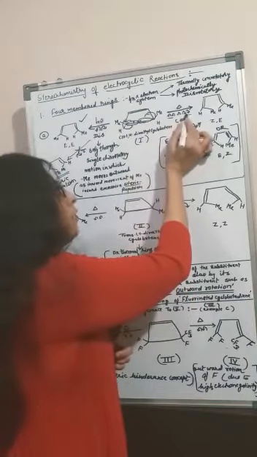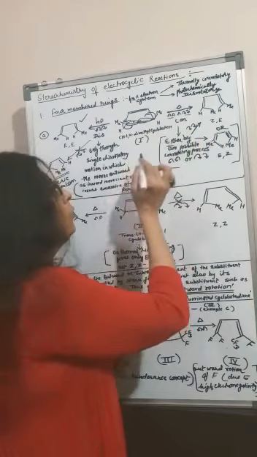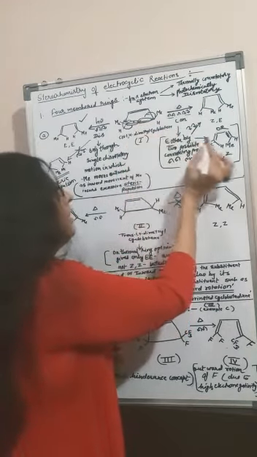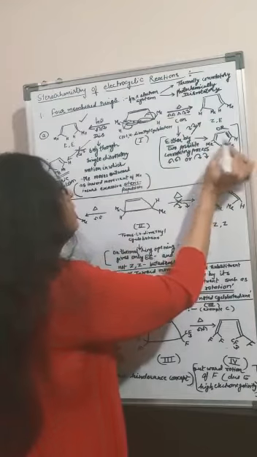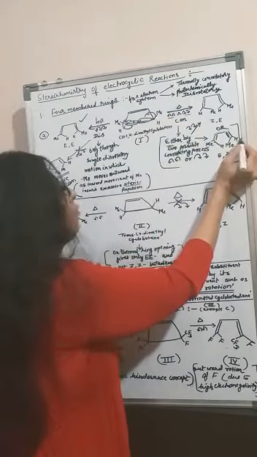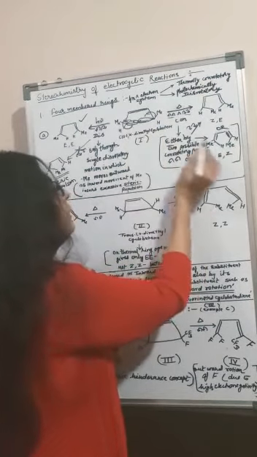Now if anti-clockwise, then this Me is moving inward, this H is moving outward, here this Me is moving outward, and this H is moving inward.